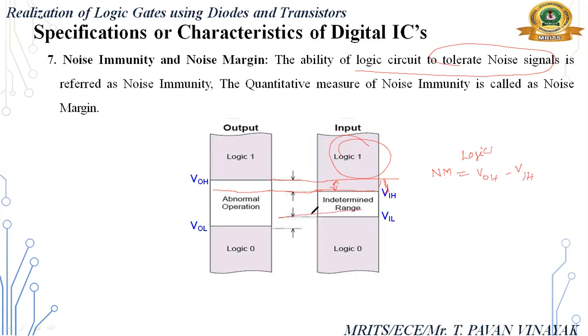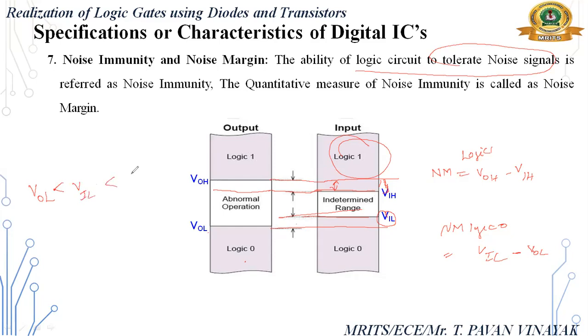Similarly, observe here, the noise margin for logic 0. What is that one? Here VIL is larger compared to VOL, so VIL minus VOL. So what is the order here? See, the voltage order is like this: VOL is very small compared to all other levels.